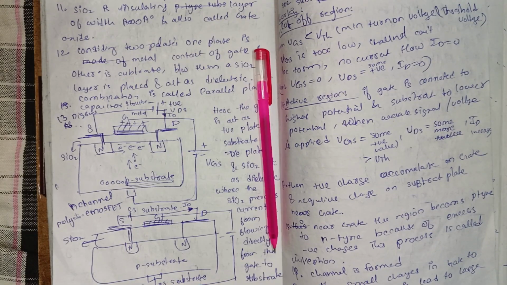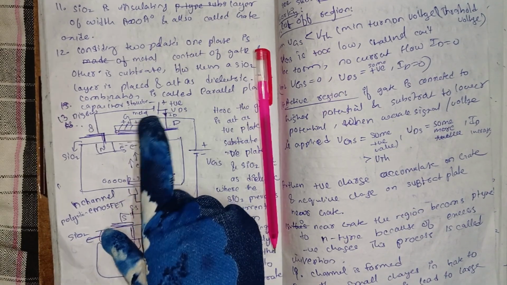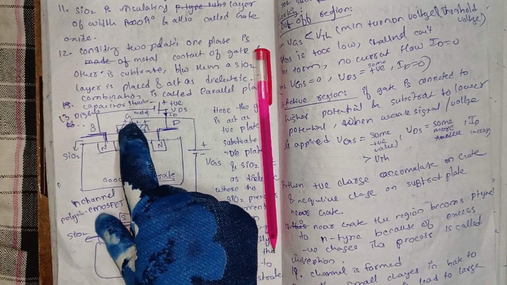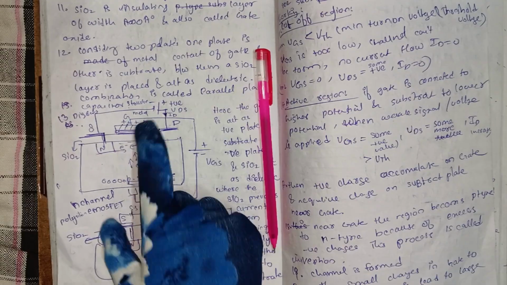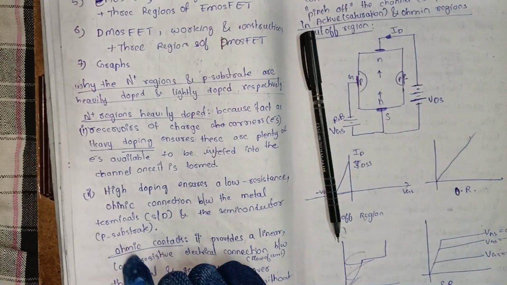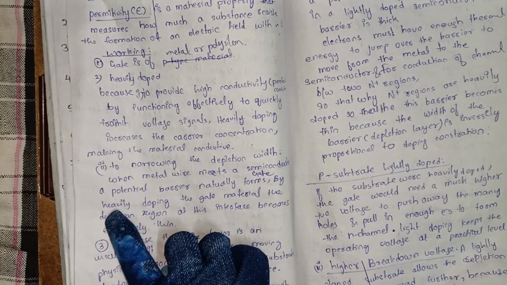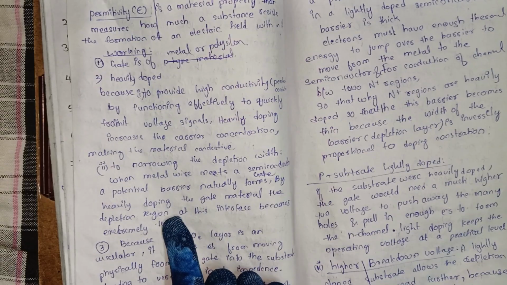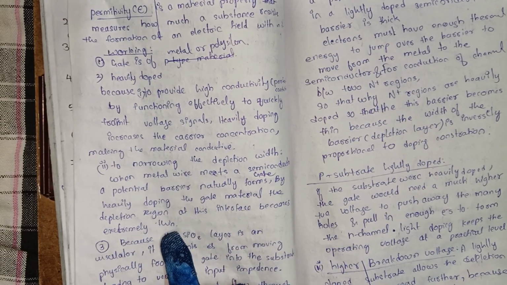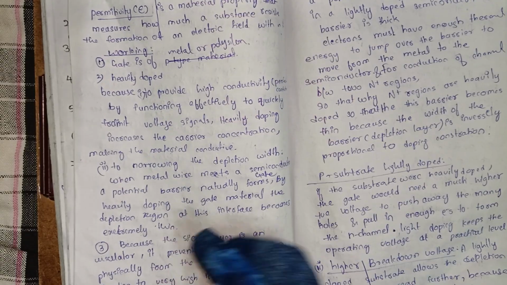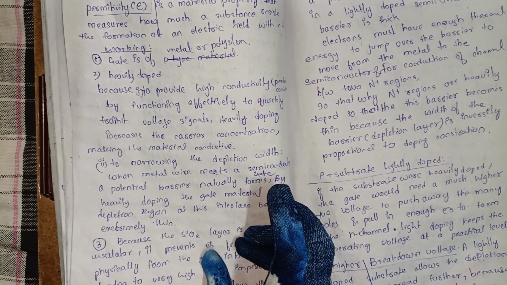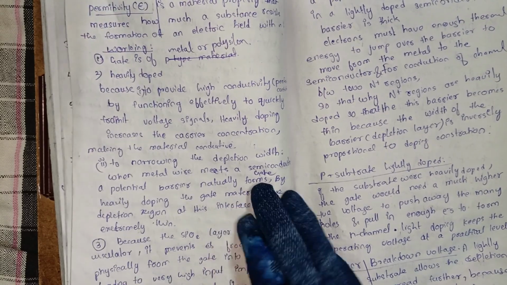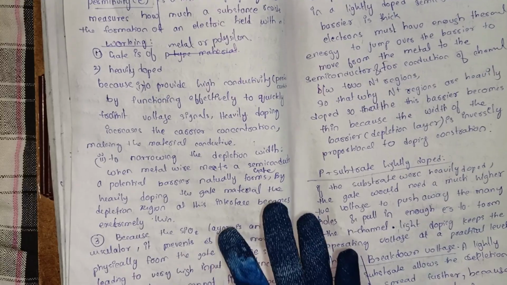So here is the gate terminal, here is the metal wire. Between these two, a potential barrier is formed. By heavily doping the gate material, the depletion region at this interface becomes extremely thin. As I said, because the depletion region is inversely proportional to the doping concentration, that's why the depletion layer becomes thin.